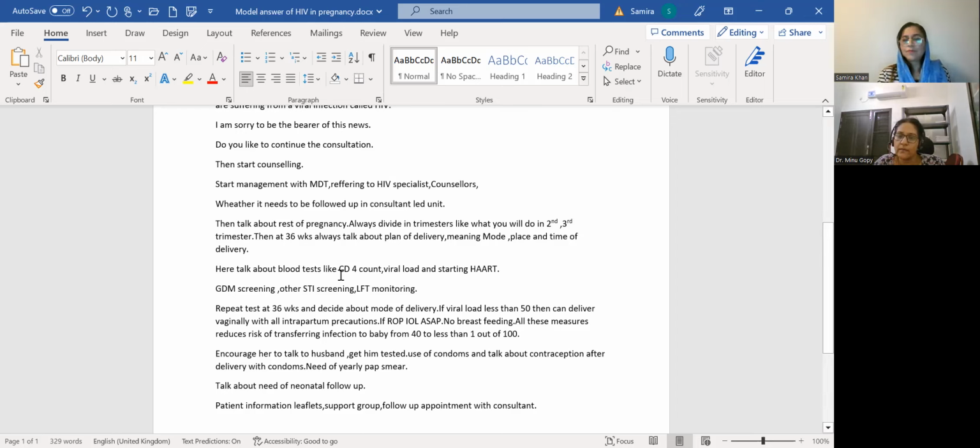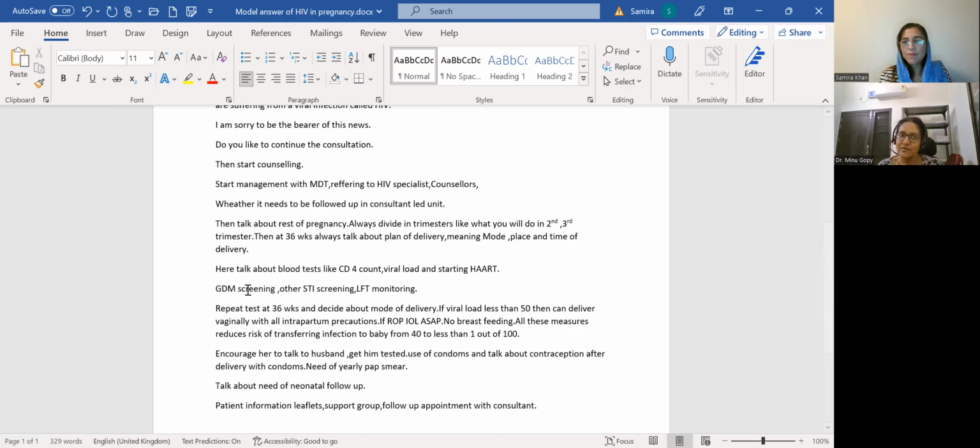You talked about CD4 count, frequency of it, viral load, and starting HAART. Even you talked about STI screening, LFT monitoring. Some medication can give a patient diabetes, so GDM.